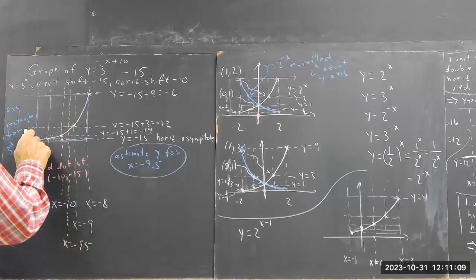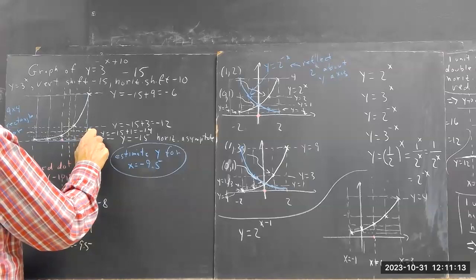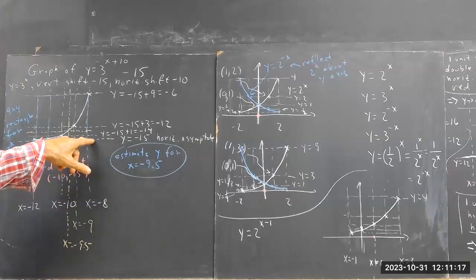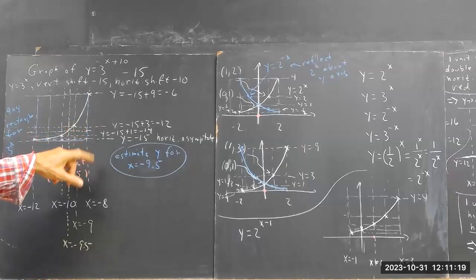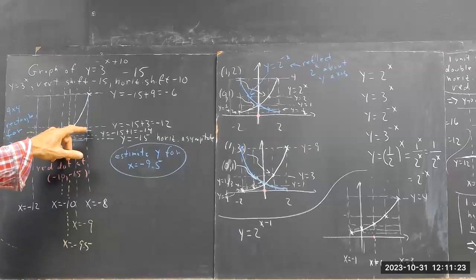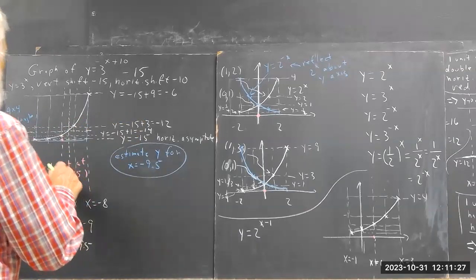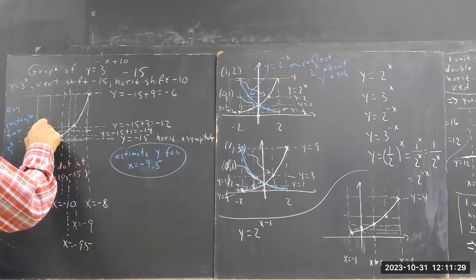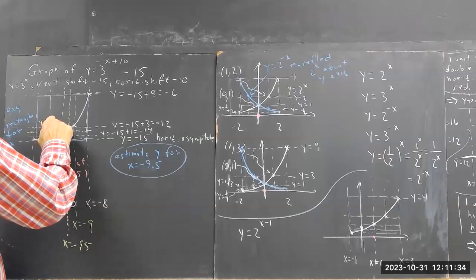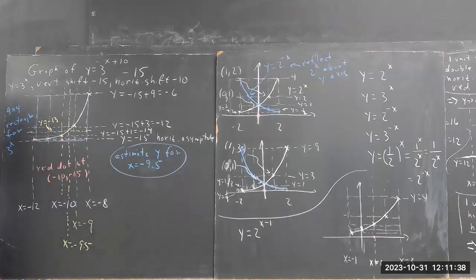And then I would draw a horizontal line here. Okay, why is negative 15 here? It's negative 12 here. So from here up to here is 3 units. I would say this is about 2/3 of the way from negative 15 to negative 12, which would be about y equals maybe negative 13.